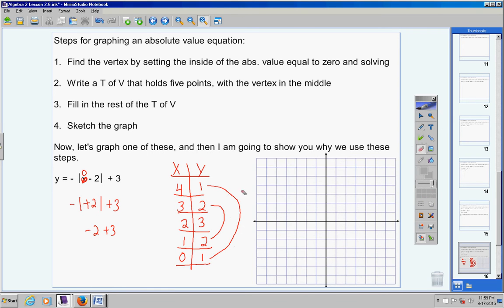Now, Mr. Earhart, will these numbers here always match like this? Yes, always, as long as, remember your vertex was 2, 3, right? 2, 3. As long as this x value right here is a whole number, or as long as it's a fraction that involves a 1/2, like if it was 1/2 or 2 1/2 or negative 3 1/2 or 4 1/2, okay?